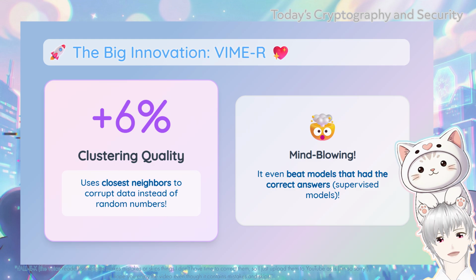That means it looks at the closest neighbors of a sample and uses their features to corrupt the data. This small change makes the training pairs much more informative, and it improves the clustering quality by nearly 6% on some datasets. It even beat the models that had access to the correct answers, which is just mind-blowing for an unsupervised method.